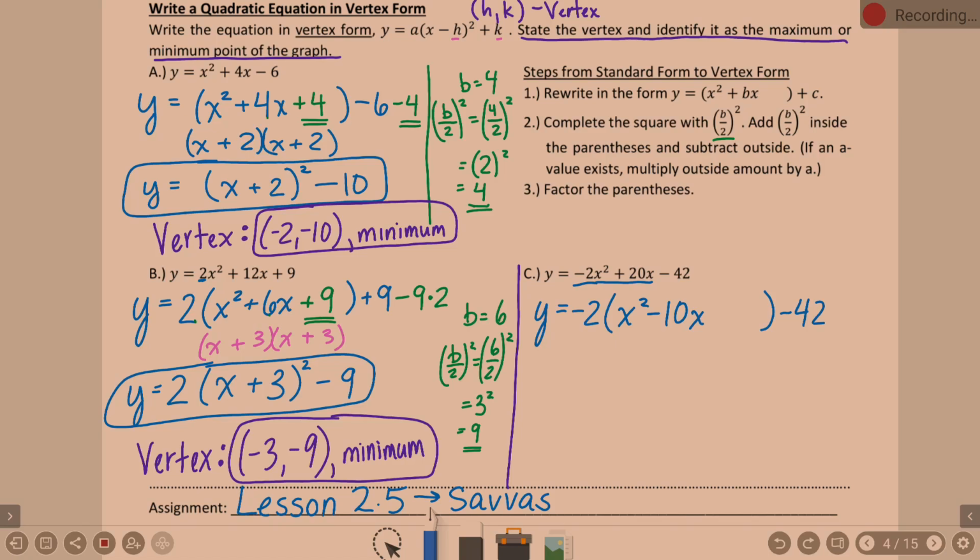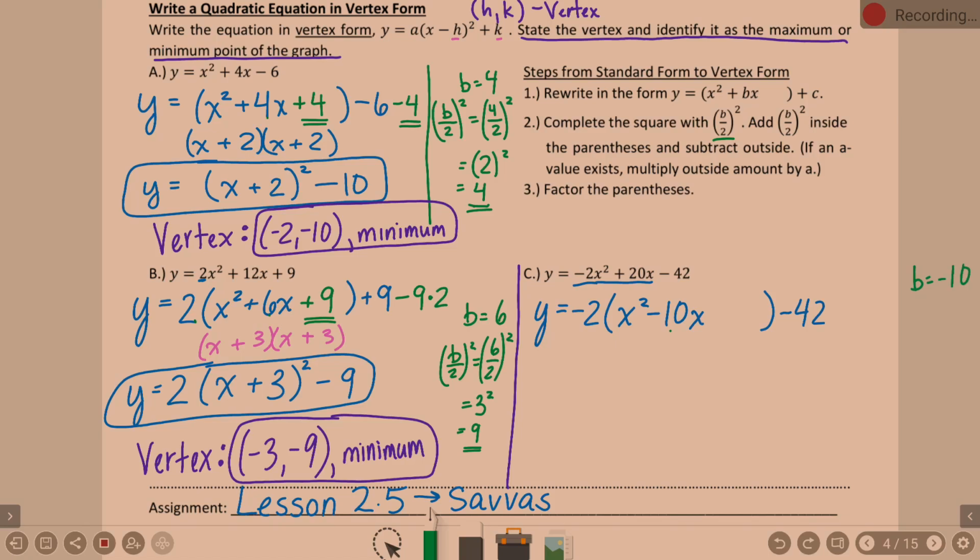Step 2, complete the square. I'm going to go off the edge of my paper. You guys have room up here, wherever you need. Maybe you don't even write this down. I don't know. What's b? My current b is negative 10.